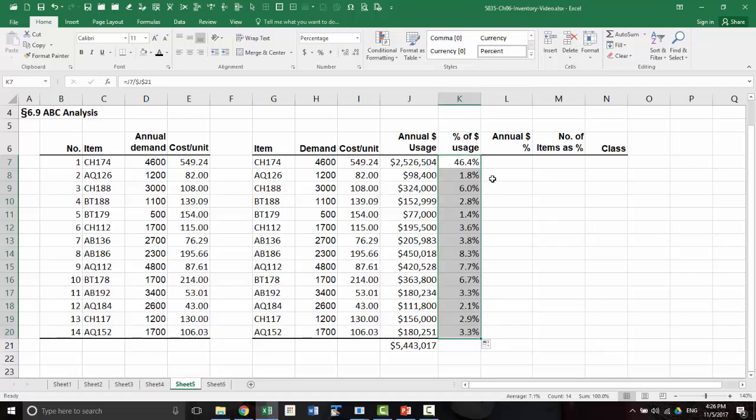All right, so now we want annual dollar percentage cumulative, so this should be cumulative.